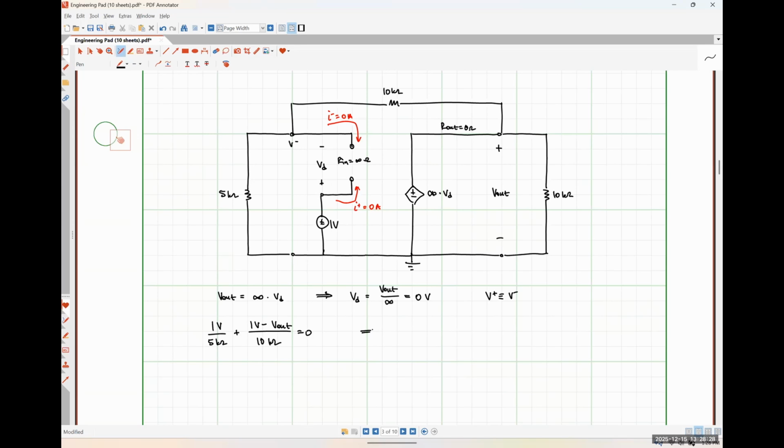One equation, one unknown system, solve for V out. That is going to come out to be exactly 3 volts. And from here, our closed loop voltage gain is 3 volts over 1 volt, which is 3 volts per volt, which exactly happens to be 1 plus R2 over R1. The exact thing we get is established completely by just the resistors that we have in our feedback network.